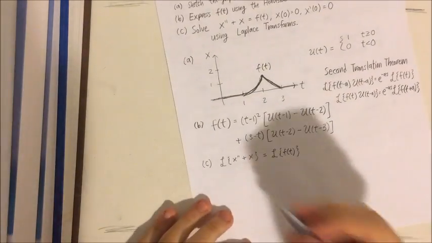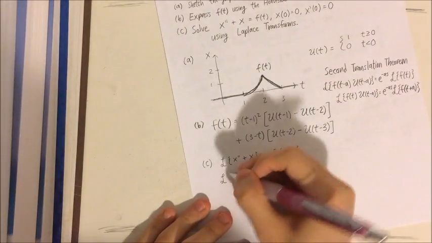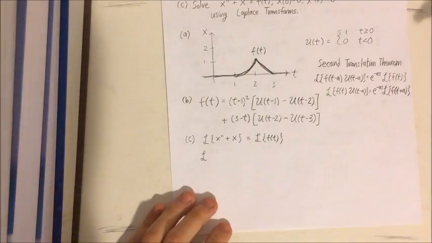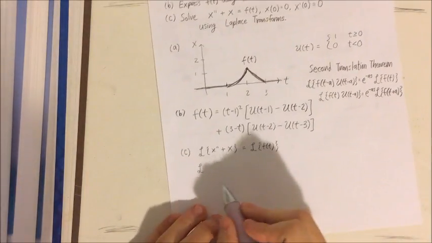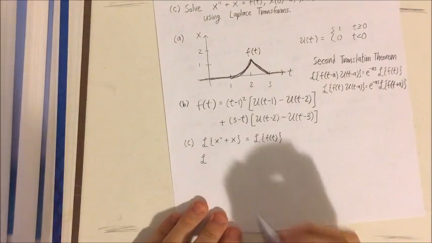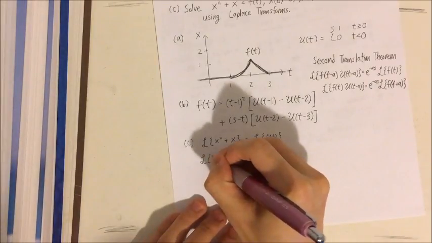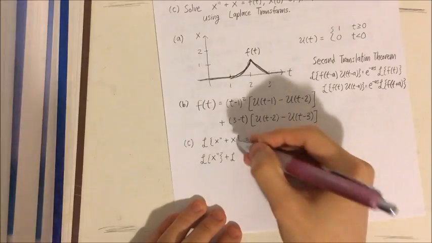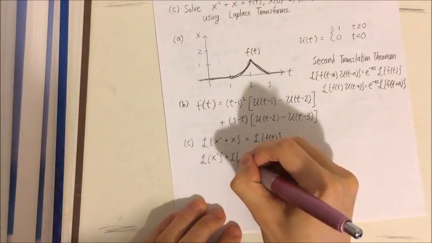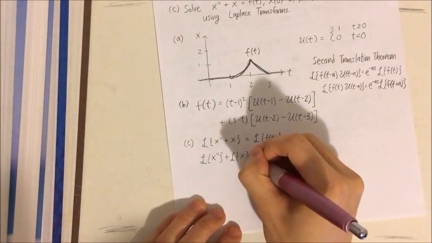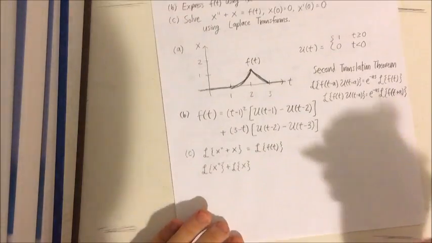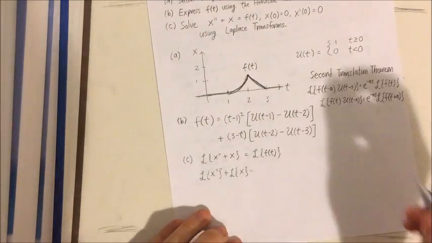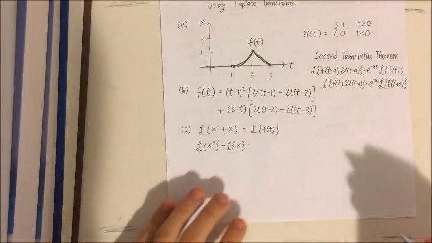First of all, we know that the Laplace transform is a linear operation, which means that it basically acts across addition. So the Laplace transform of x double prime plus x is equal to the Laplace transform of x double prime plus the Laplace transform of x. We know how to take Laplace transforms of derivatives. We learned this in class.